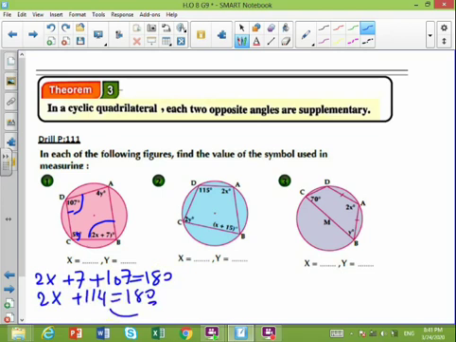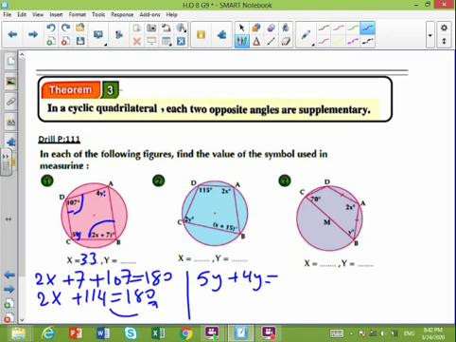Take 114 to the other side, and then 2x equals what? Then x will be 33. Okay, and then I want to get y. 5y plus 4y also equals what?